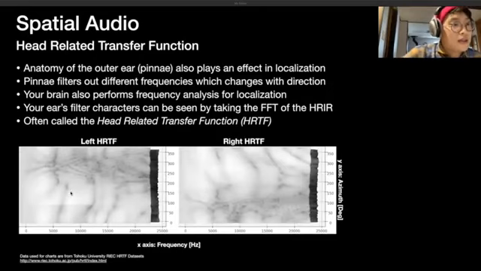Understandably, when the speaker is moved towards the left ear, a lot of the frequency components do get passed, but when the speaker is moved towards the right ear, because of the shadowing effects of the head, a lot of the higher frequency components get attenuated. And so your brain does spectral processing as well as part of the localization process.